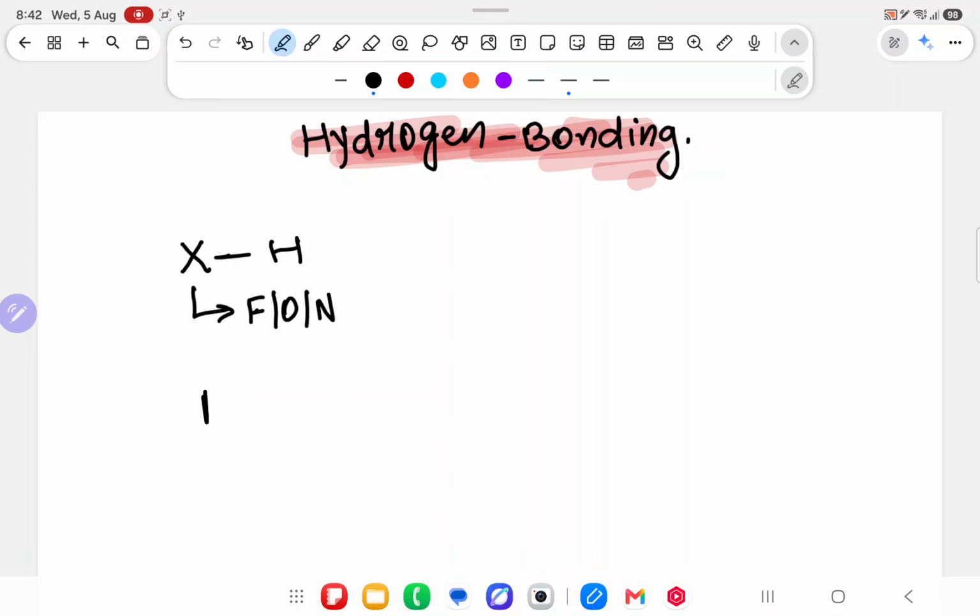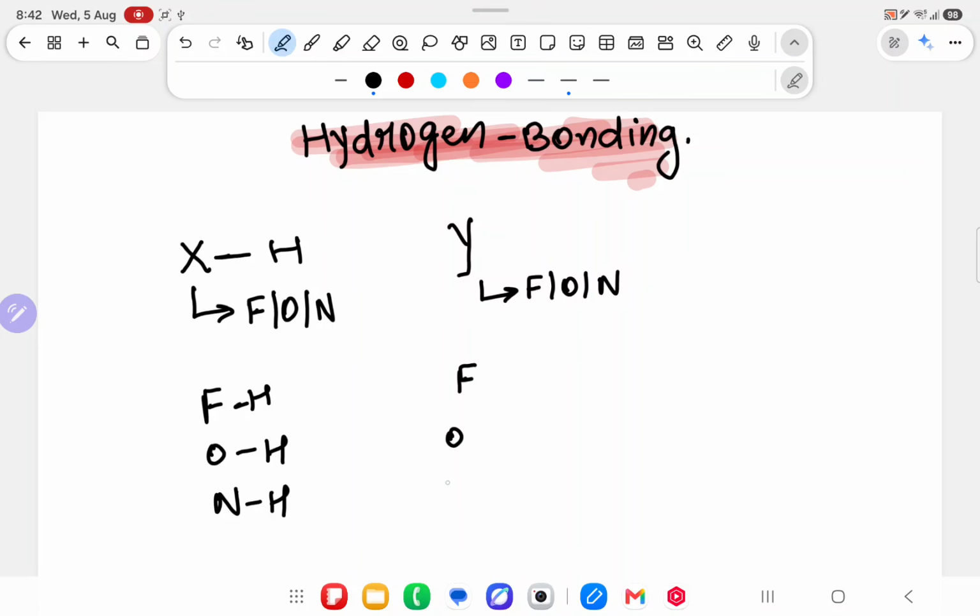It means either fluorine is attached with hydrogen, or oxygen is attached with hydrogen, or nitrogen is attached with hydrogen. Then there will be one Y. Y will also be fluorine, oxygen or nitrogen. Here you can put fluorine, oxygen or nitrogen, any place. Did you understand the logic of what I am trying to say?